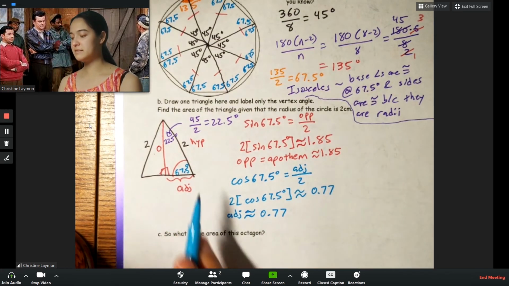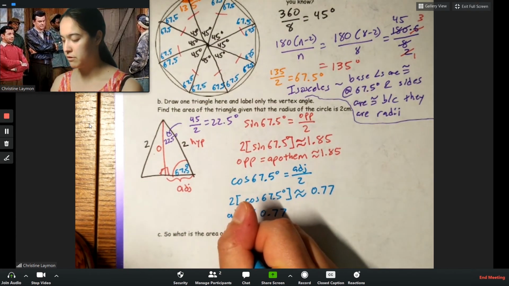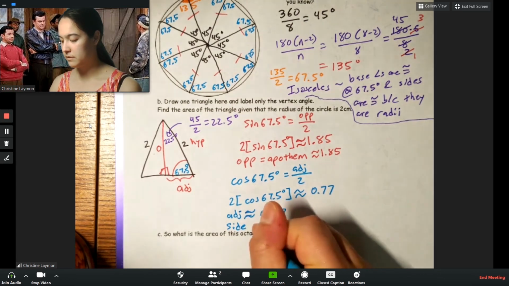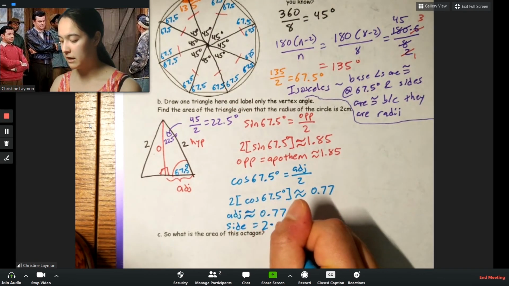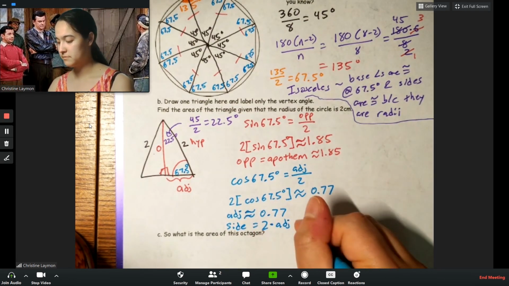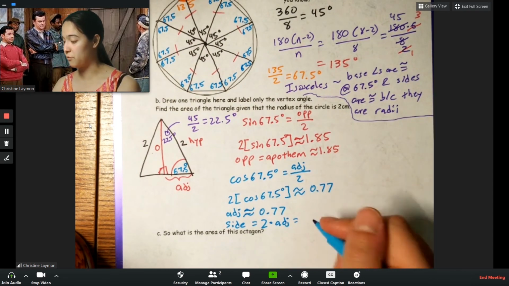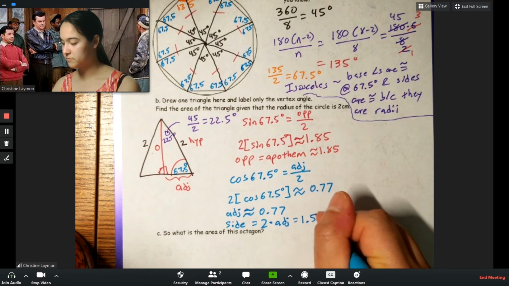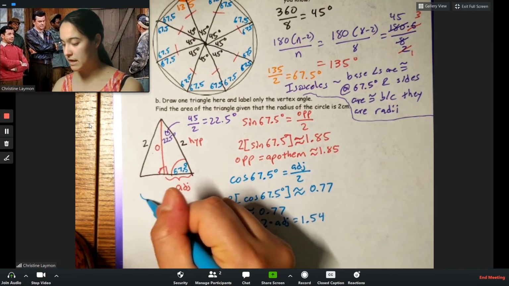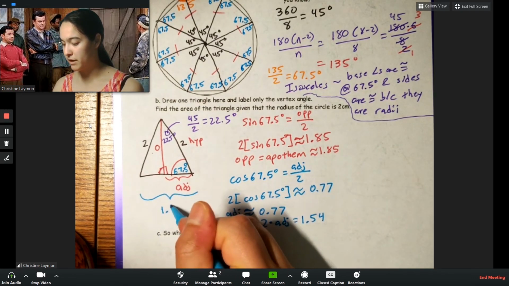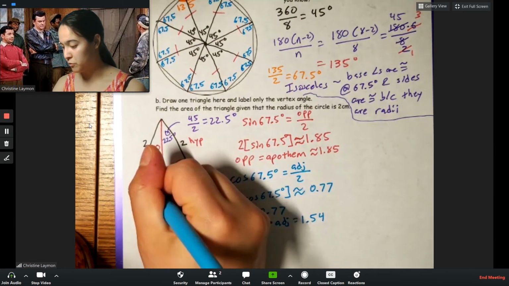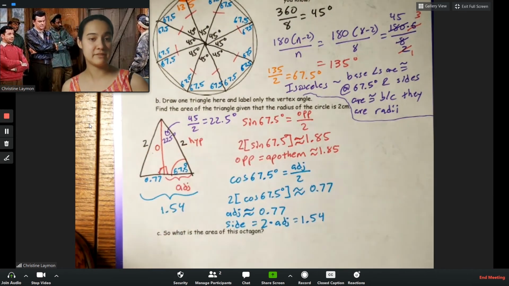And that entire side, so side equals 2 times the adjacent. 0.77 times 2 is 1.54. So again, everything here is 1.54. Just one of these is 0.77.